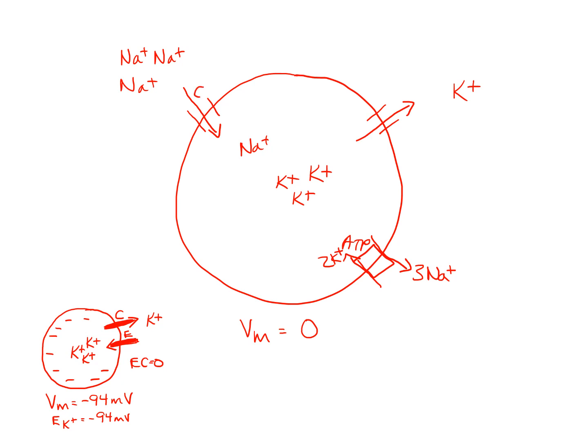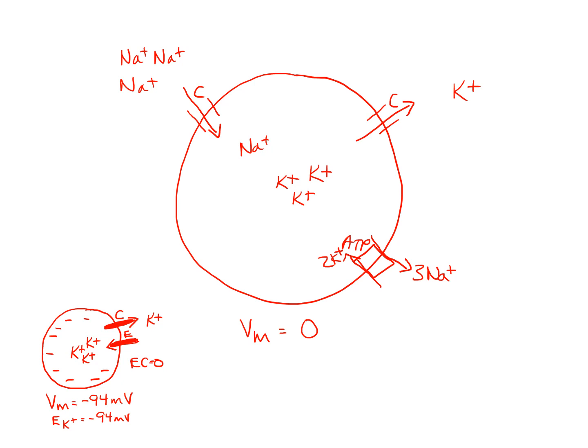So our chemical driving force for sodium is going in, and the chemical driving force for potassium is going out. And we don't have to worry about any electrical driving forces because there's no membrane potential, it's 0. Okay, there's no charges we have to worry about inside the cell.